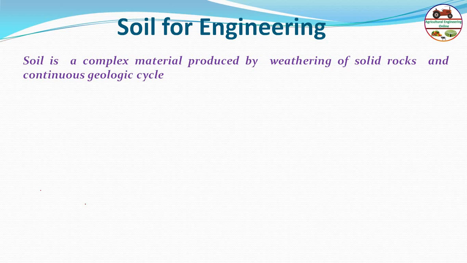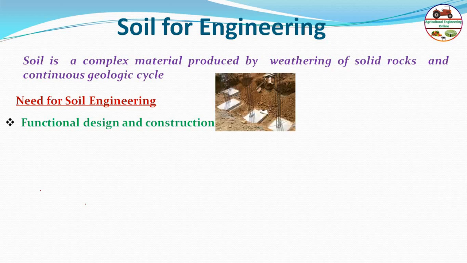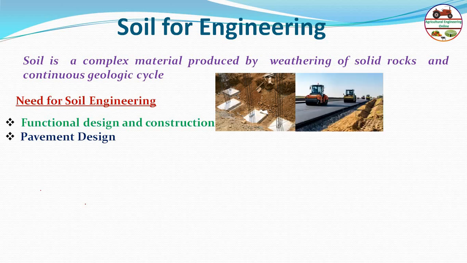So basically, in the context of soil engineering or soil mechanics, we need to study the different properties of the soil from an engineering point of view to design functional requirements in the construction of different structures, such as pavement design for roads and other things, because the seepage, the specific gravity, moisture content, the softness, and other soil properties need to be known before designing the pavement or roads.